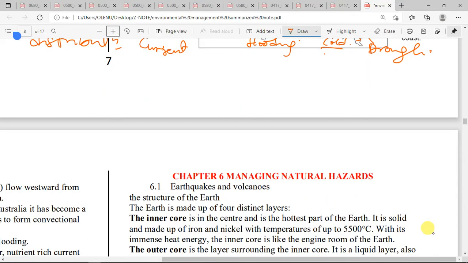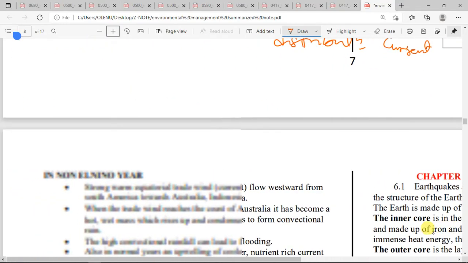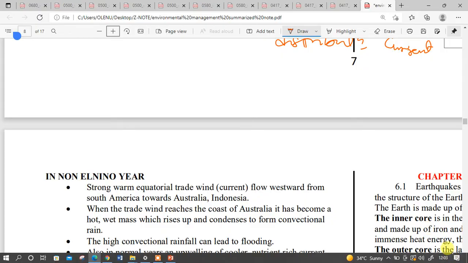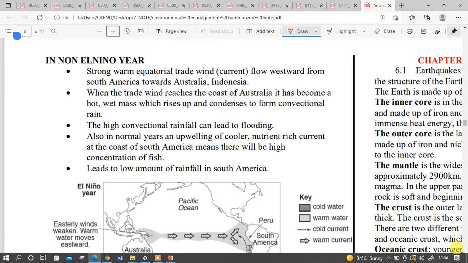So let's look at what will now happen during an El Nino year. So let me just read this quickly, though I've explained it. Now, in a non-El Nino year, that's a normal year, what happened? The strong warm equatorial trade wind current flows westward from South America towards Australia and Indonesia.